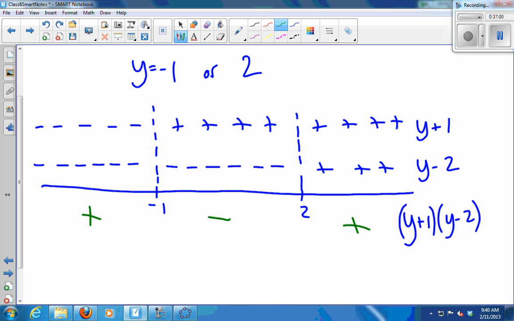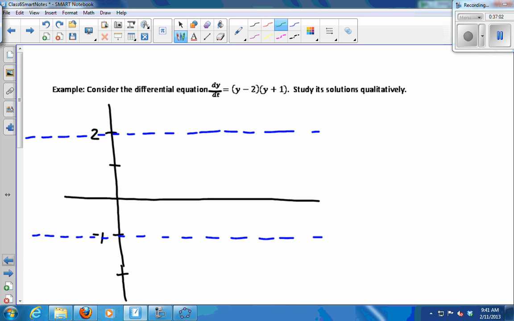So if I go back to my qualitative picture here, I know that between -1 and 2, my solutions have to be decreasing because dy/dt is negative. So my solutions will look something like this. Depending on the initial condition, it could also go something like that.